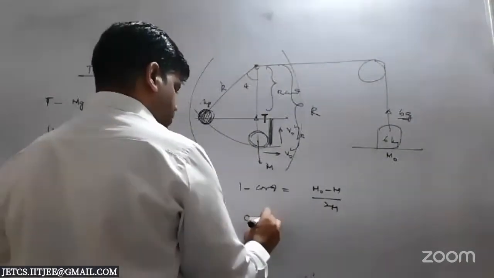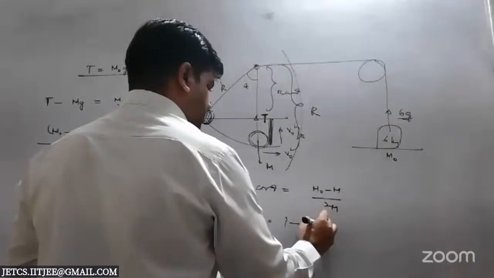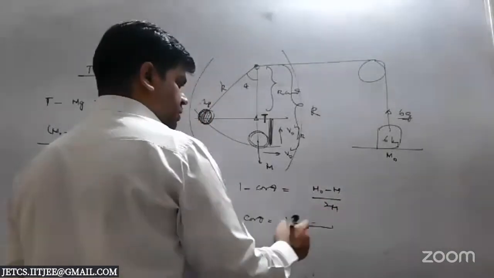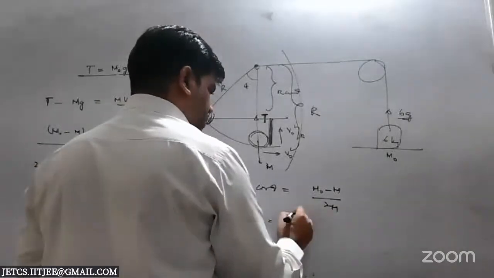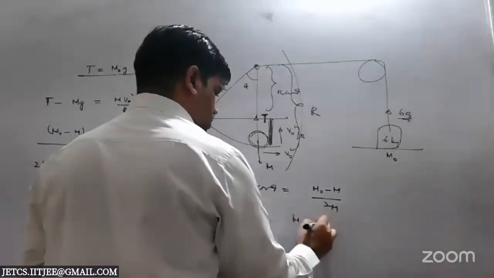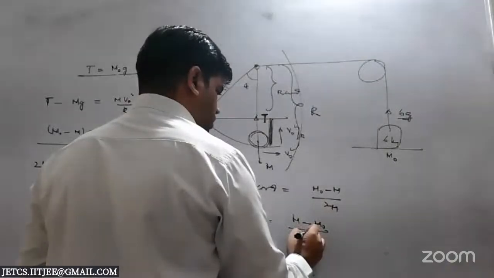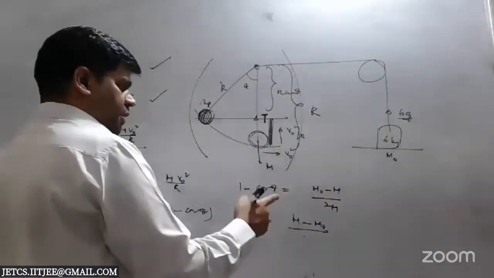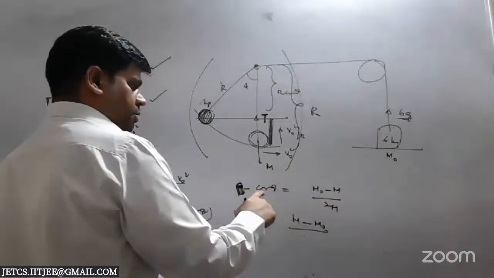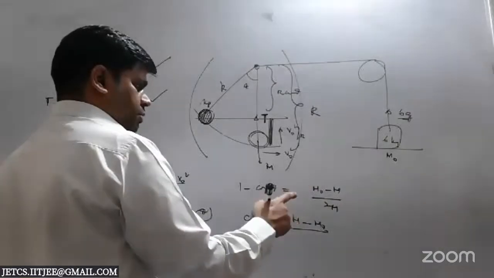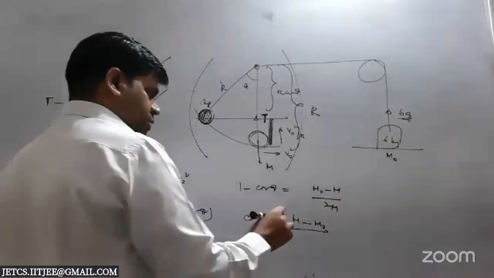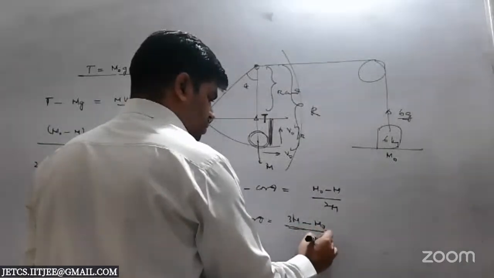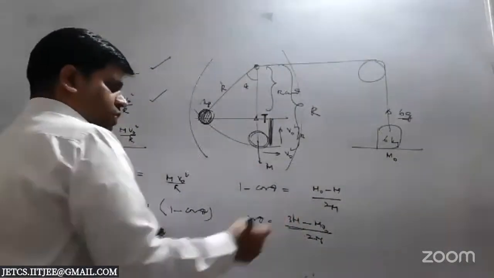So cos theta is equal to 1 minus that. 1 means 2m, so 2m minus M0 minus m gives 3m minus M0, by 2m. So theta is cos inverse of this.